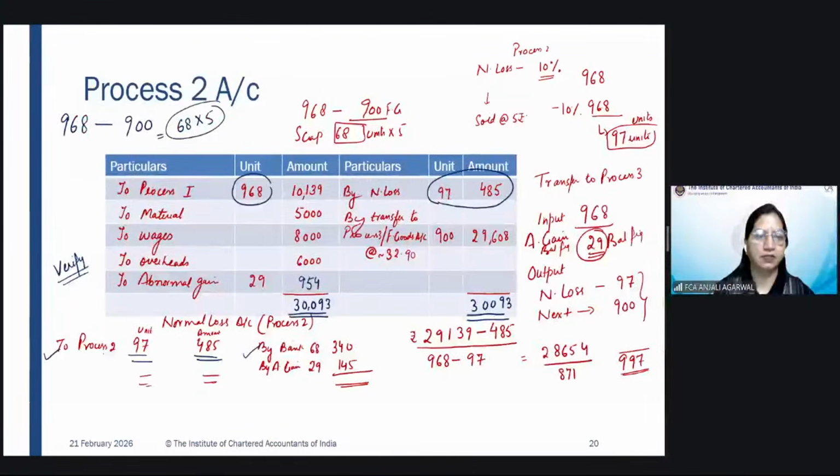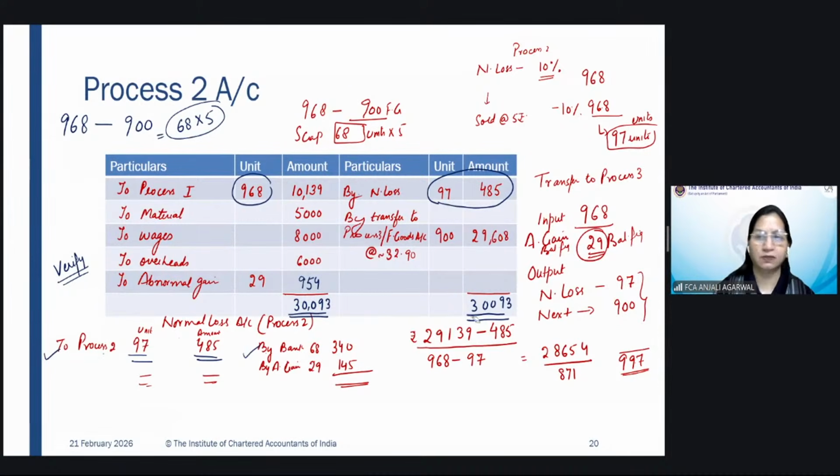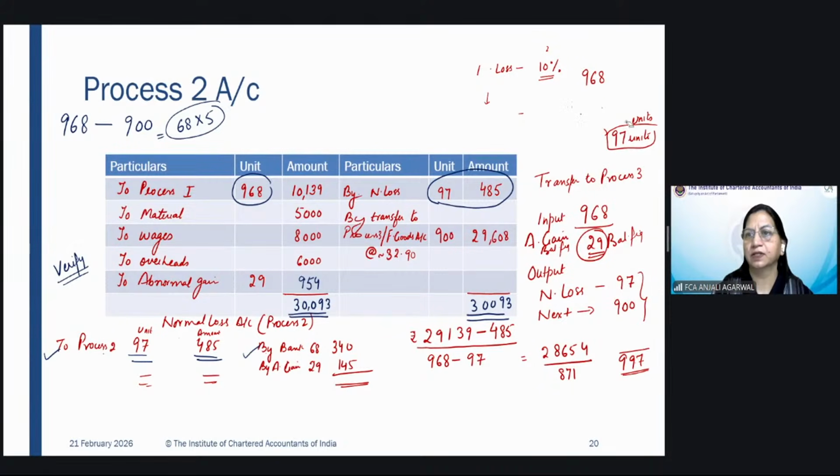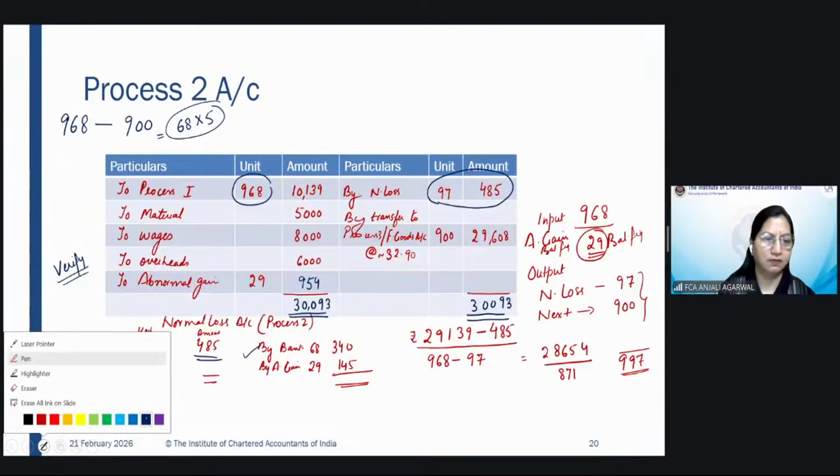Need a blank sheet. I'm erasing some part here to create an abnormal gain account. And I'll create it in blue color ink so you can see. All right, from this question, let's prepare the abnormal gain account.